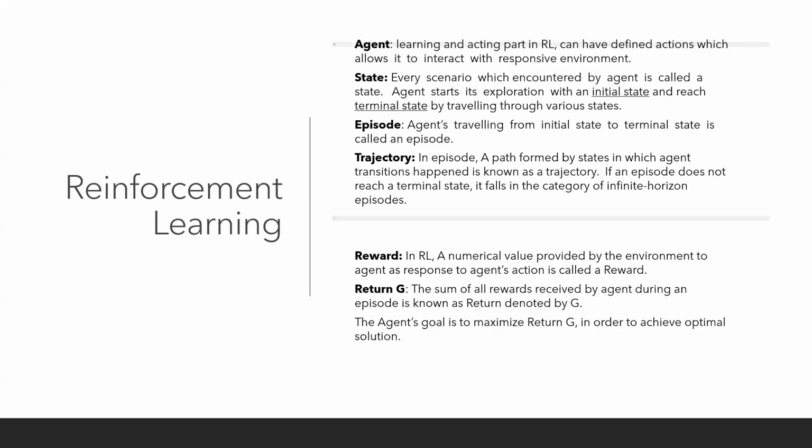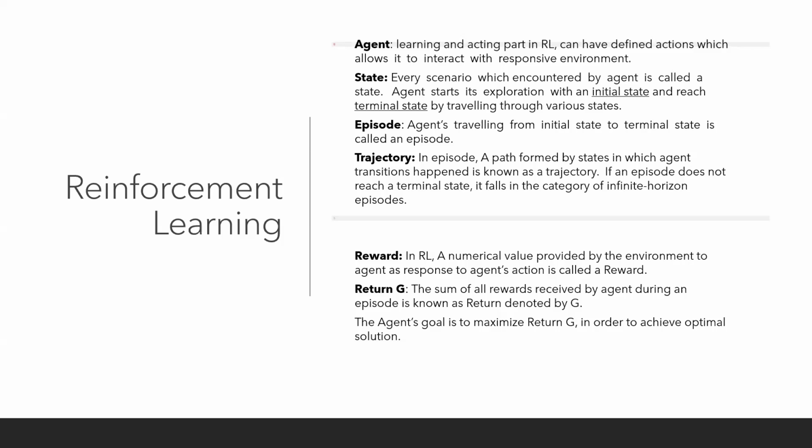So what's the episode? Let's say the agent starts with the initial state and reaches the terminal state, the ending state. From starting to the ending state, that one particular journey is called an episode. An episode is one single run where the agent starts with the initial state, reaches the final state, and gains experience and updates accordingly.